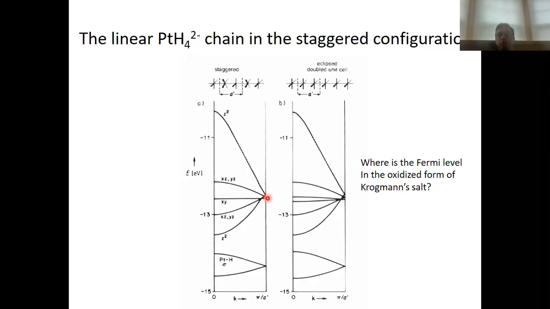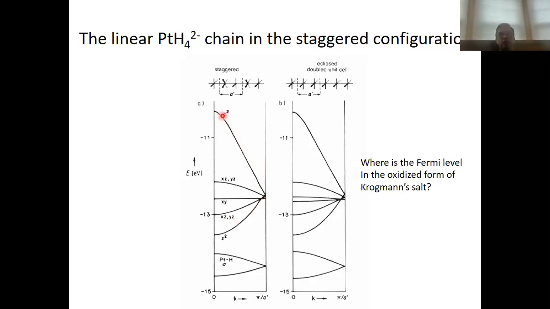Okay, so now where is the Fermi level in the oxidized form of Krogmann's salt? Now we have removed electrons, and these electrons would be removed from the band which has the highest energy, which is the dz square band here.